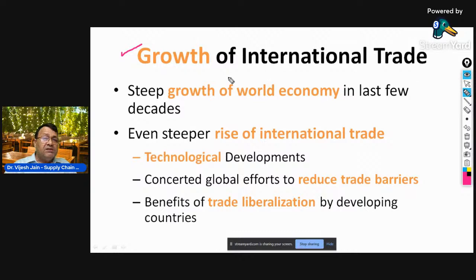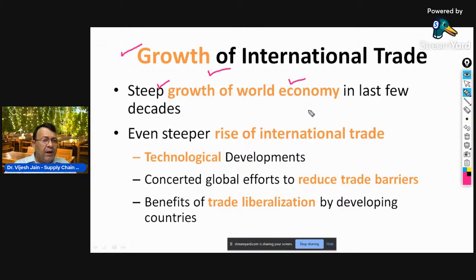That has given us this big spurt in international trade, the growth of international trade, which is steep in nature, and the world economy has grown in the last several decades, and barring a few small periods of low growth, generally the world economy is increasing.